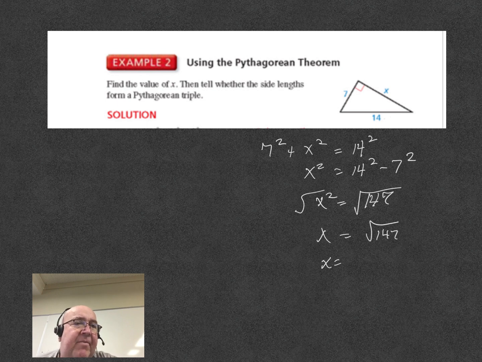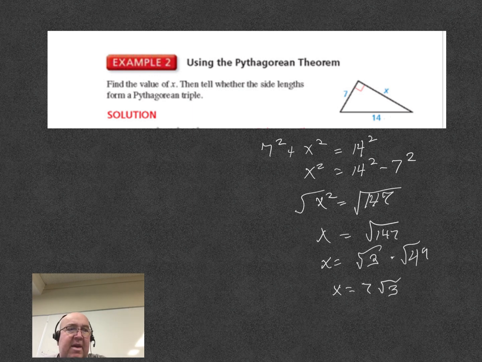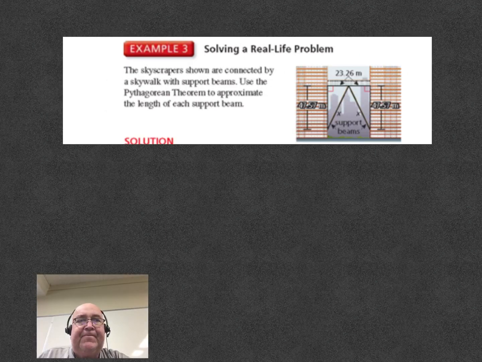Anything that when you add the digits adds up to something divisible by 3 can be divided by 3, and we get 3 times the square root of 49. We know that the square root of 49 is 7, so 7 square root 3 is our answer. If we can leave them like that, that would be better. If we're looking for a specific distance or measure, then we would go ahead and put it in decimal form.